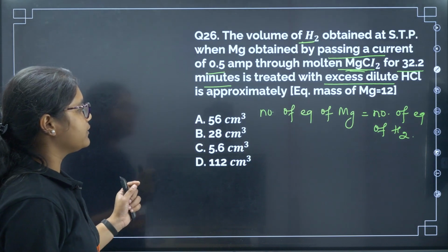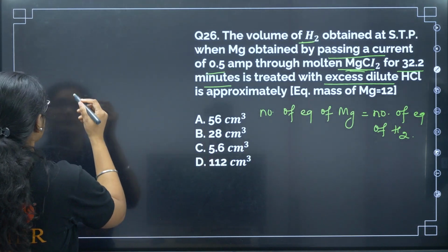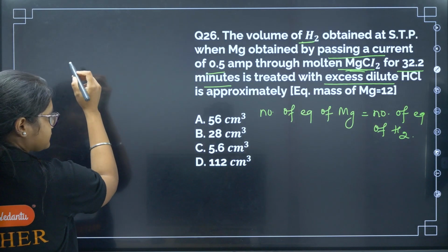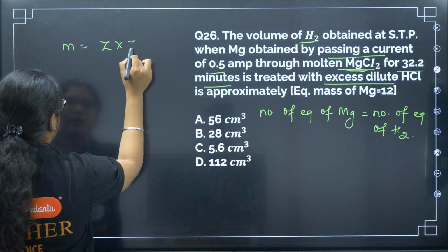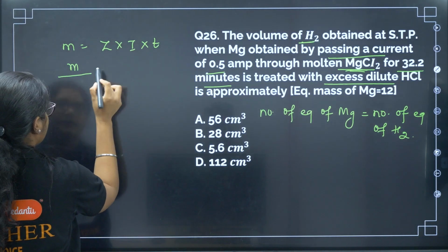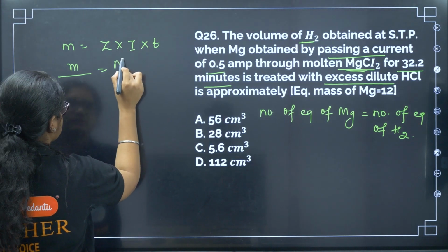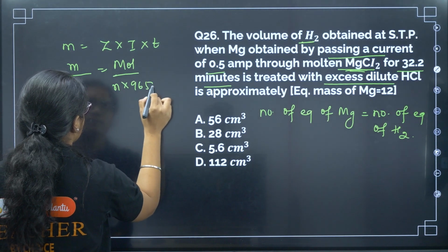So first let us calculate the number of equivalents of magnesium deposited. So if we have this formula, that is M is equal to Z into I into T, right? So I can calculate here M divided by the molar mass of magnesium into N into 96500.